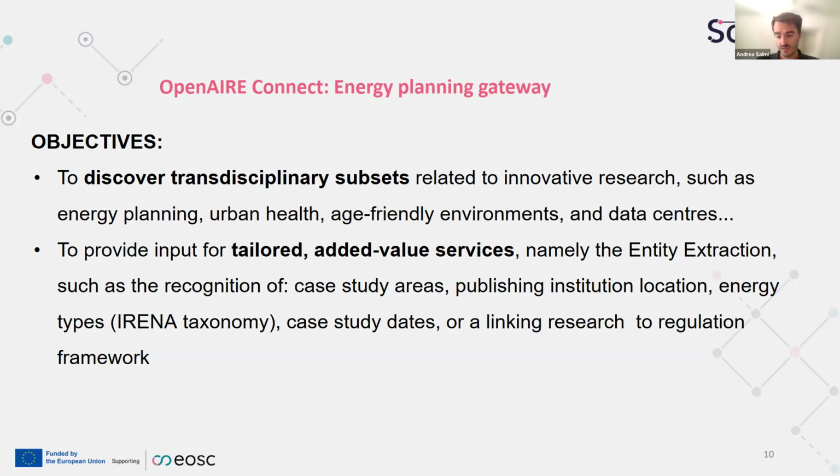So with this objective in mind, we have to understand what we need to produce. We need to produce and fine-tune a gateway of energy planning that produces results that are partially connected with other fields, for example, to discover transdisciplinary subsets, but are really strong in defining the fields of energy planning so that the noise is reduced as much as possible.